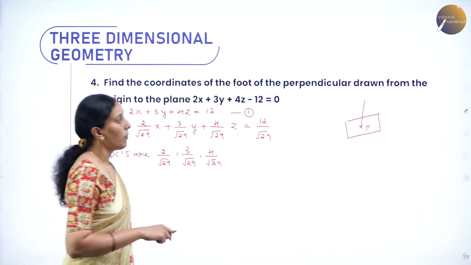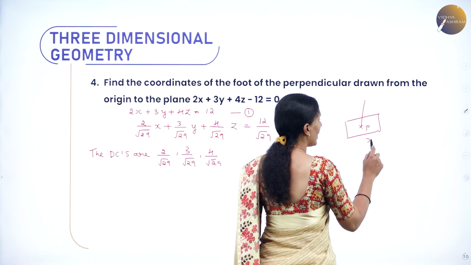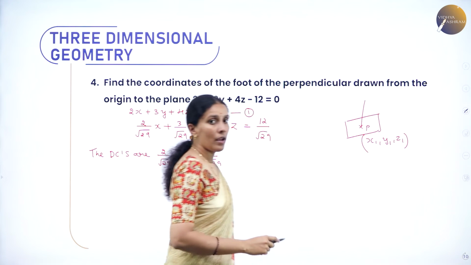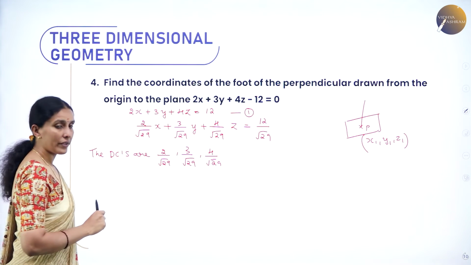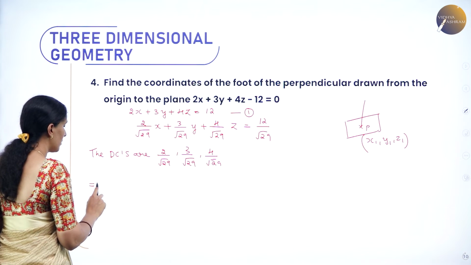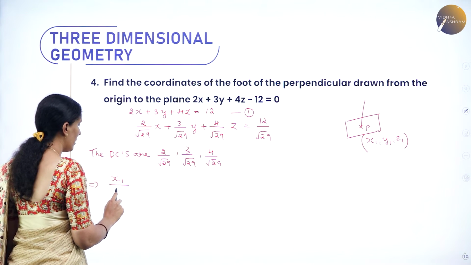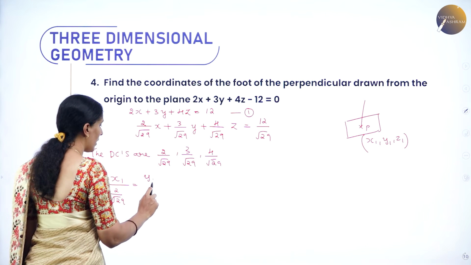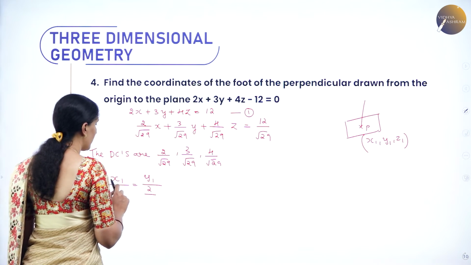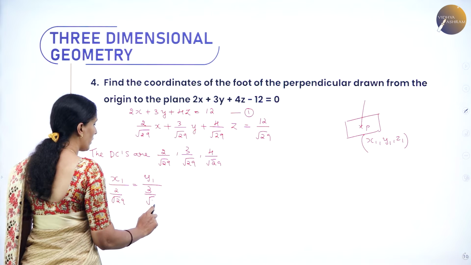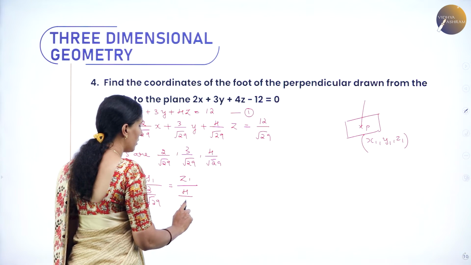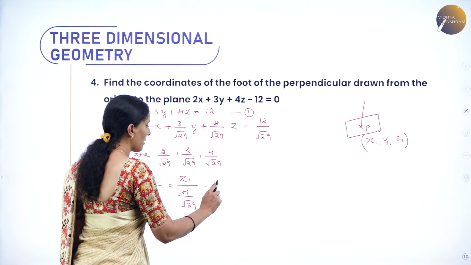If I take point P coordinates as x1, y1, z1, then I can write the ratios: x1 divided by 2 over root 29 is equal to y1 divided by 3 over root 29, is equal to z1 divided by 4 over root 29, is equal to some k.